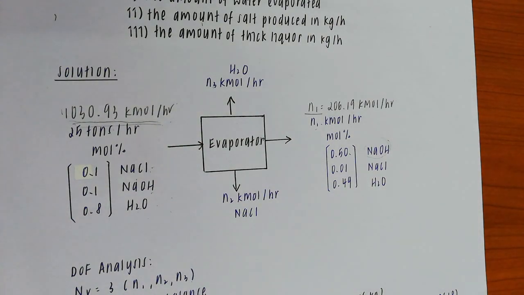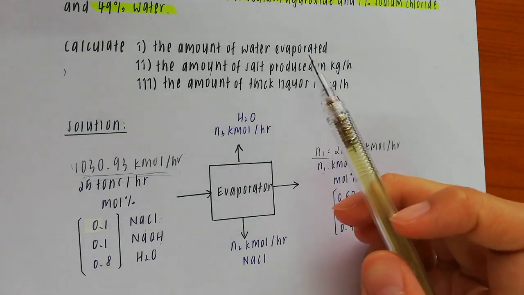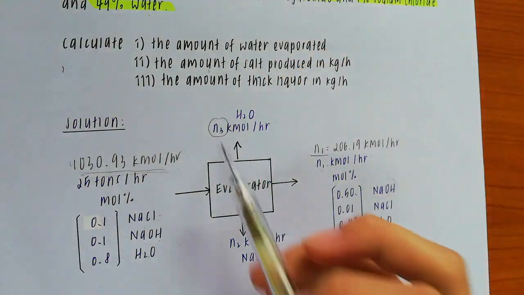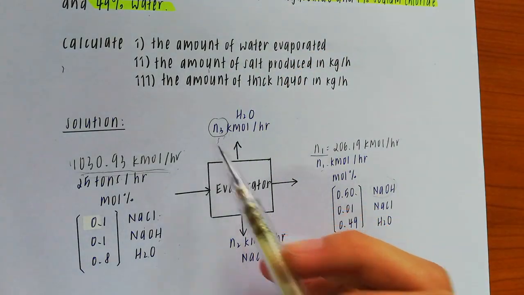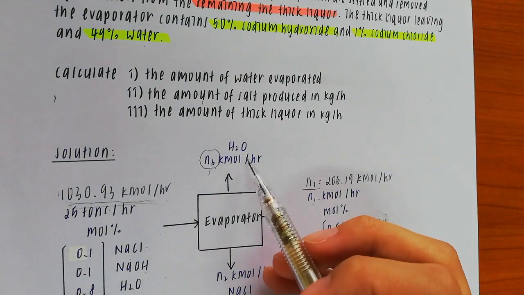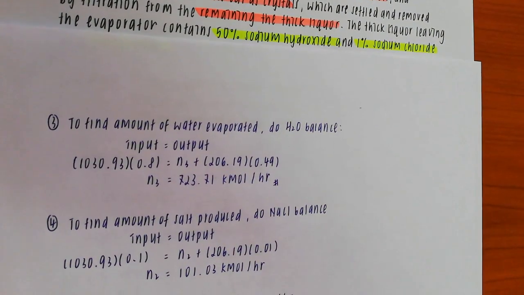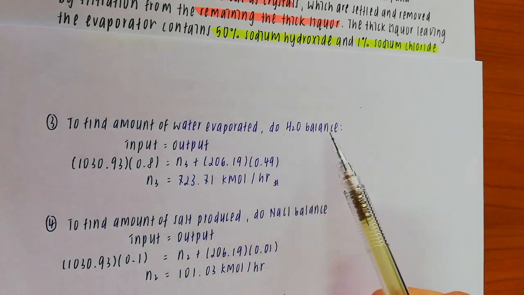Now what we're going to do is find the amount of water evaporated. So that is N3 here. How are we going to find N3? We can do the H2O balance. To find the amount of water evaporated, we do the H2O balance.